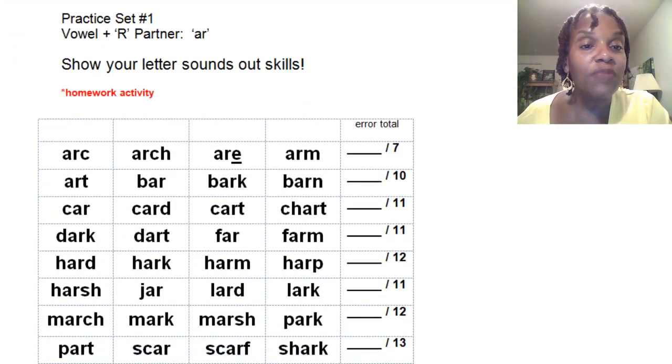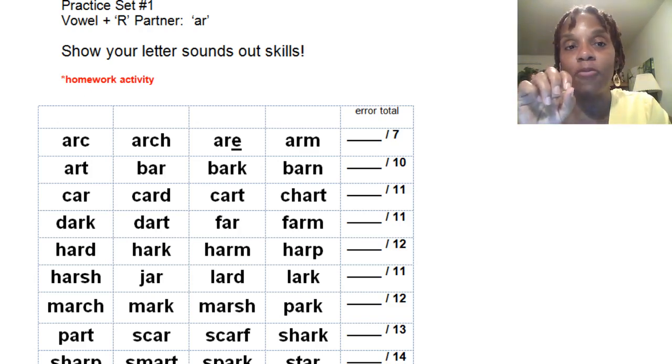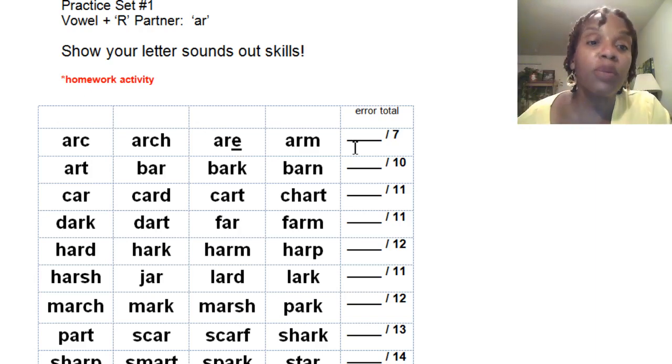More homework. And this is the part of the homework where you practice, or I should not say practice, you're going to show what you know. So you're going to practice sounding out each row of words, okay, in the reading direction from left to right. And you're going to work with a mom or dad or a parent or a reader teacher. There's a suggestion or a direction page in your homework packet.